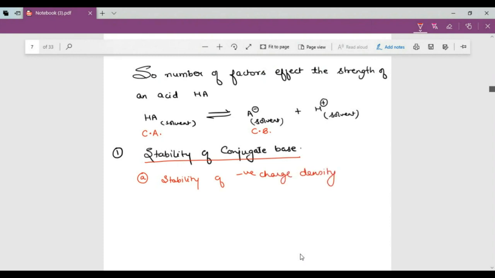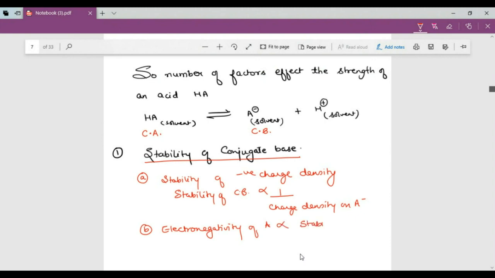The stability of the conjugate base will be higher if there is high charge density on A minus. Electronegativity of A directly increases stability of A minus.